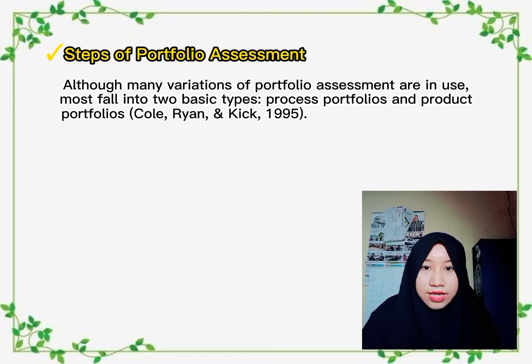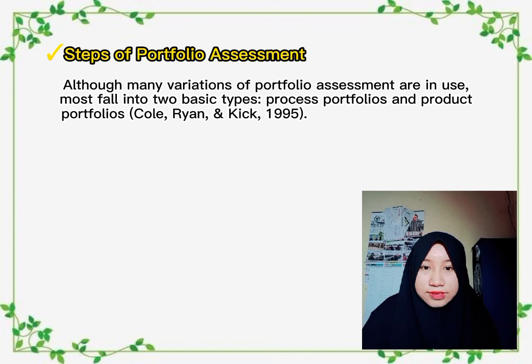It may be more helpful to think of this as two steps in the portfolio assessment process, as the participant and staff reflectively select items from their process portfolio for inclusion in the product portfolio.